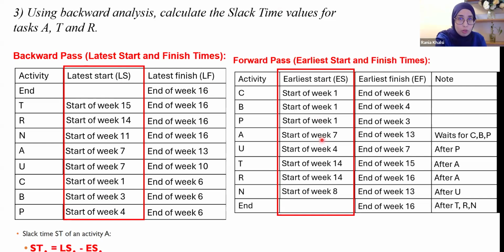Am I going to do this for all the activities? No, I'm giving just 3 activities. We are going to apply it to those 3 activities. Which are the activities?